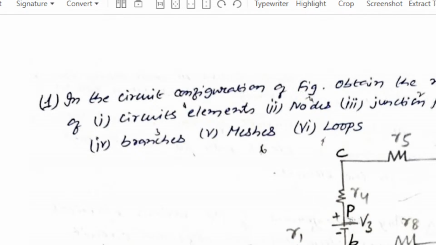Write down: in the circuit configuration of figure, obtain the number of: first one, circuit elements.